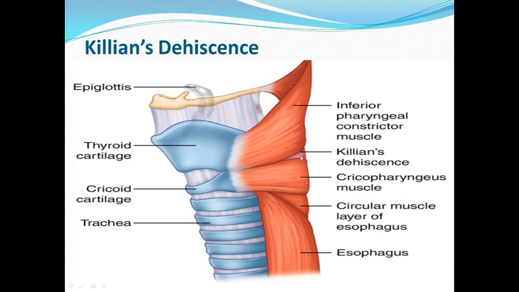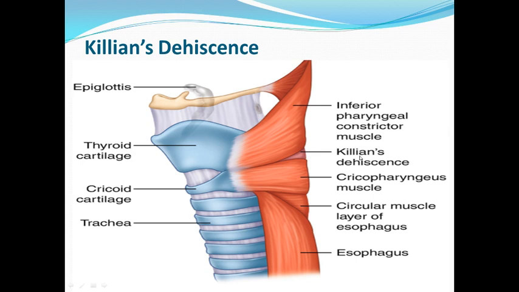This triangular area is called the weak part, basically at the level of the cricoid cartilage, or the cricoid lamella. So at the level of the cricoid lamella, this weak point is known as Killian's dehiscence.